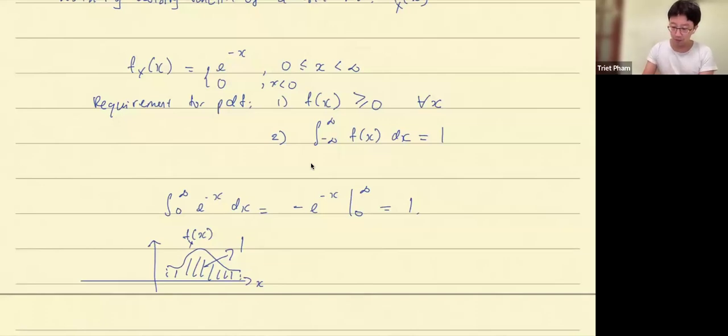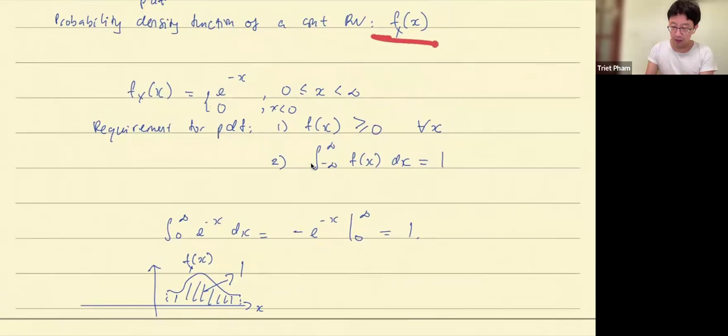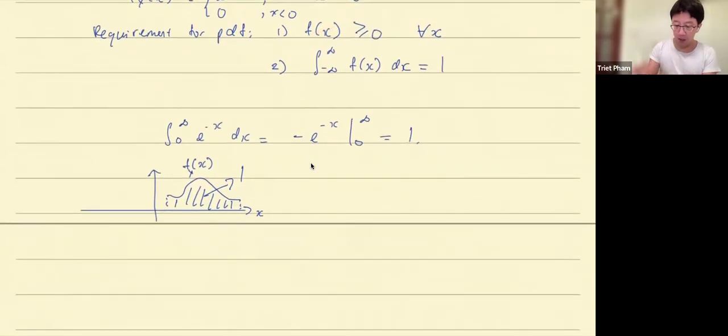So we talked about the density and its requirements. Now let's talk about the meaning of density. The first thing to remember, and it's very crucial, is that the density is not a probability.